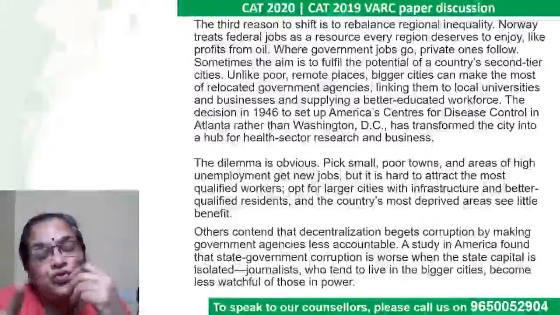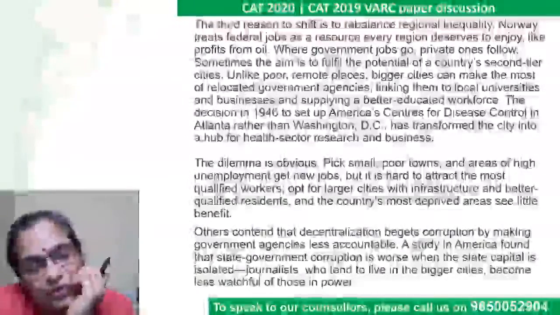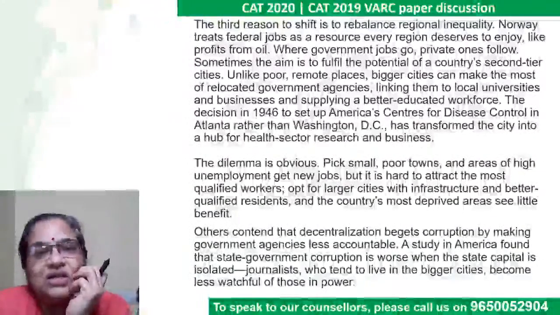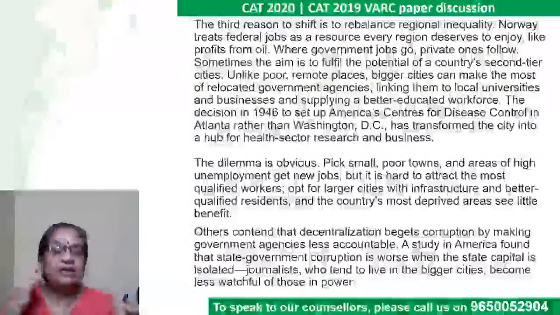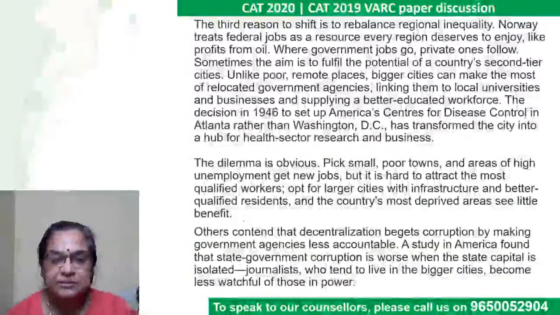Second part is, would you rather stay in a larger city where the infrastructure is there, you get better qualified people, but when you do that, the other areas don't get any benefits. Then he comes to the other negative of moving to a smaller city.